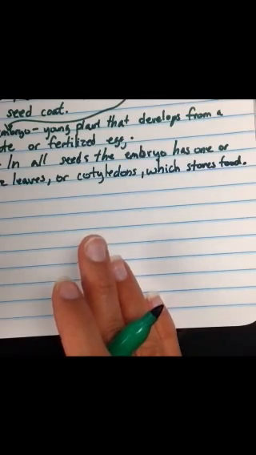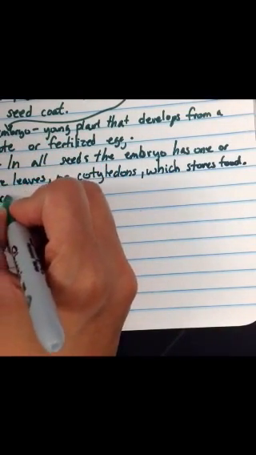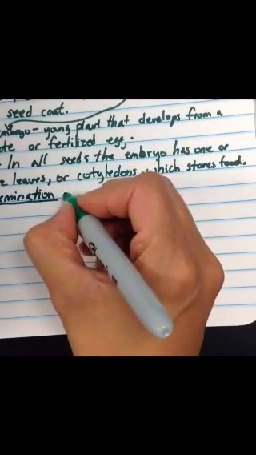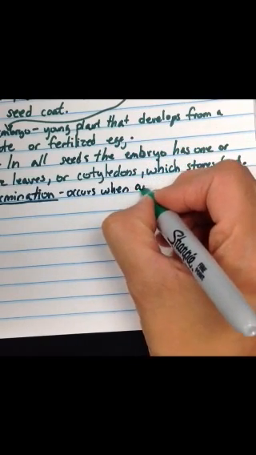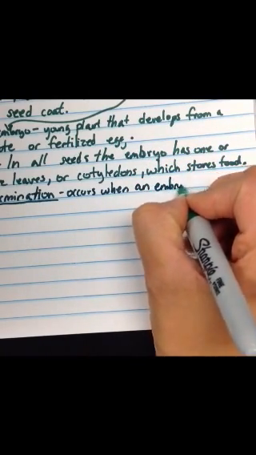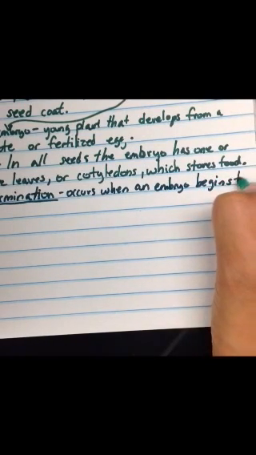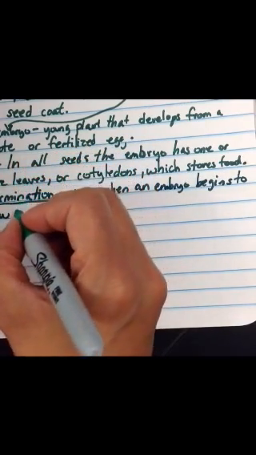So once a seed is made, how does it turn into a plant? The process that starts the seed turning into a plant is called germination. It occurs when an embryo begins to grow and pushes out of the seed.